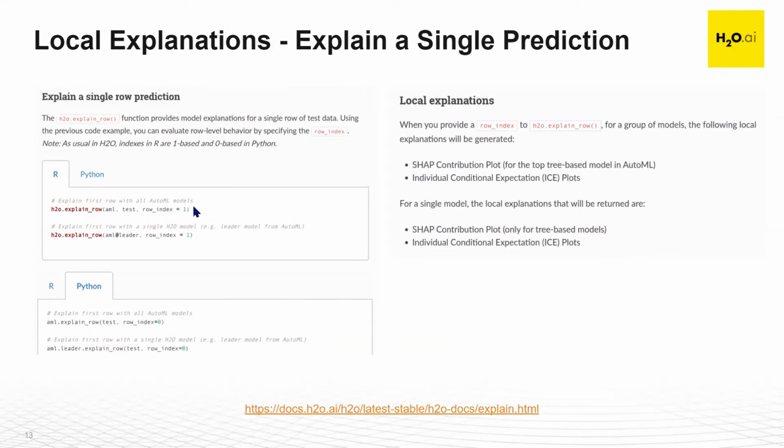That's how we do it with R and Python. You can point to either a group of models or just a single model, look at the test dataset, and then look at the actual row that you're interested in. That's how you can pinpoint one single prediction and try to explain it. So now we have global and local explanations.